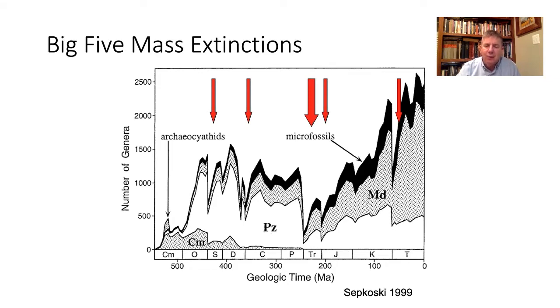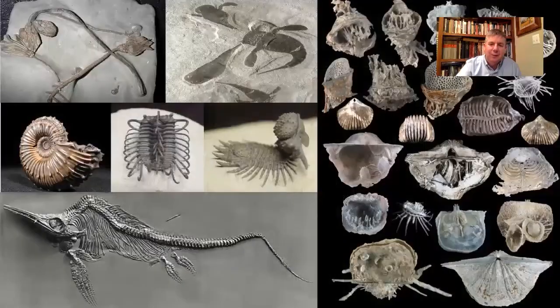And the red arrows show these 5 great mass extinctions. One at the end of the Ordovician, about 440 million years ago, a slow decline during the Devonian, this great end Permian event, and then one at the end of the Triassic, and the famous one that killed the non-avian dinosaurs, at the end of the Cretaceous 65 million years ago.